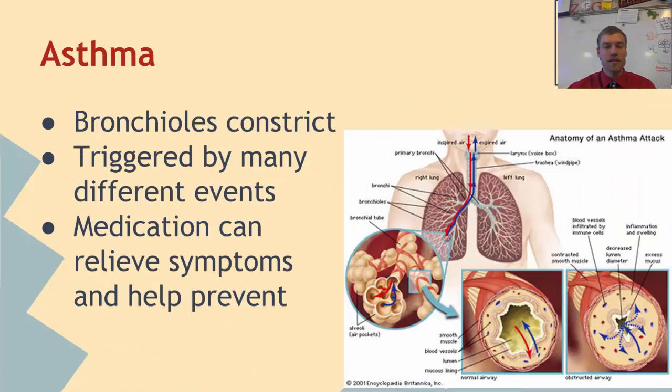We'll talk about two different problems that you can have with your respiratory system. First one is asthma, and this is where your bronchioles are going to be constricting, and it can be triggered by several different events.